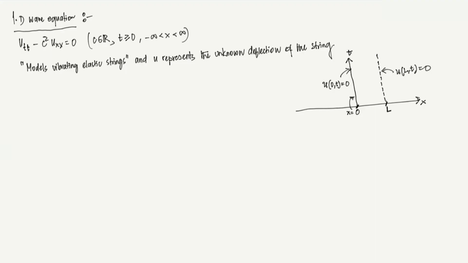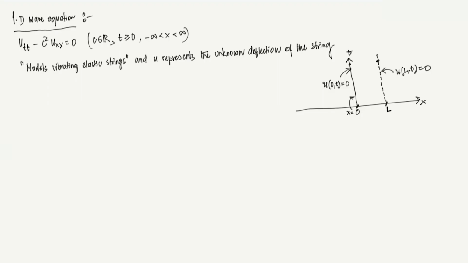Clear? What it means is that the string we are talking about is fastened at both ends, so it's not moving at those two points, x equals 0 and x equals L.